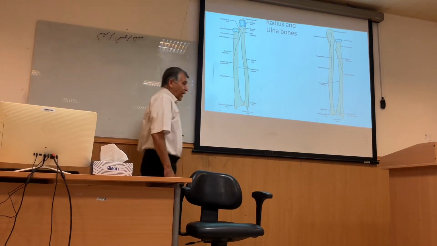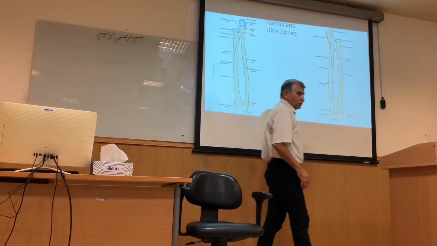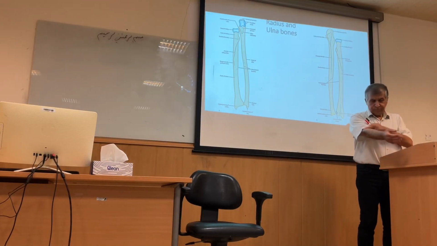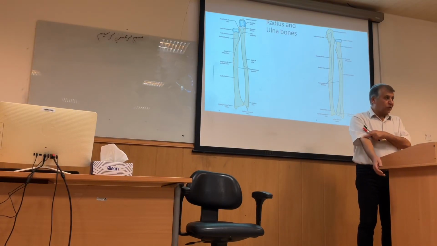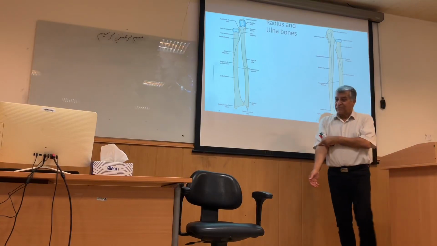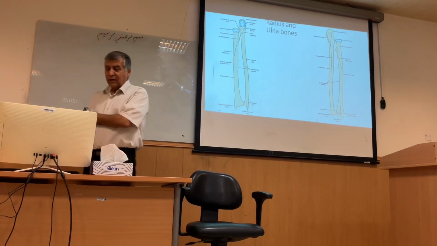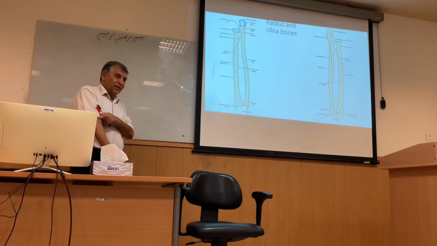The superior surface of the head articulates with the capitulum and forms the brachioradial joint.